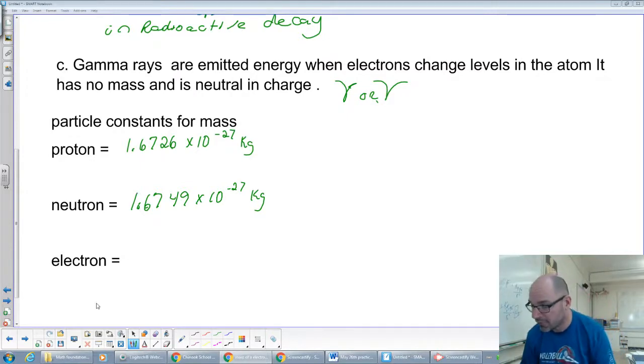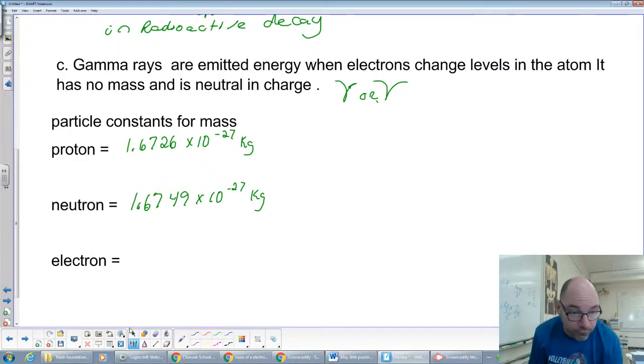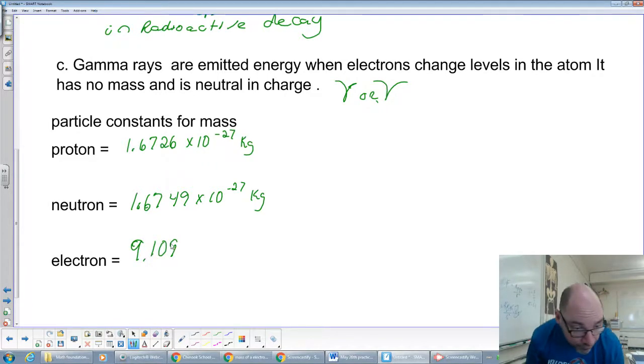So this one's significantly smaller. Okay, just making sure here. Making sure we go down to enough significant figures here. Yep, 9.109 times 10 to the negative 31.